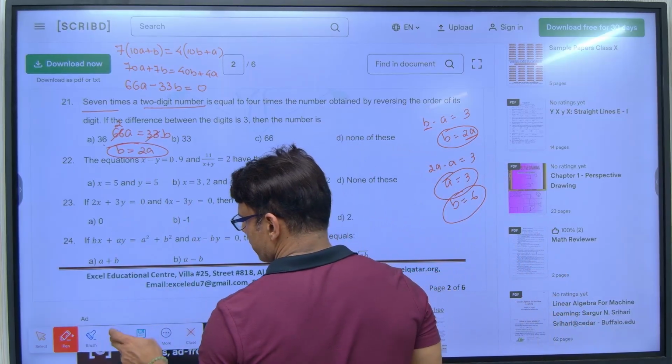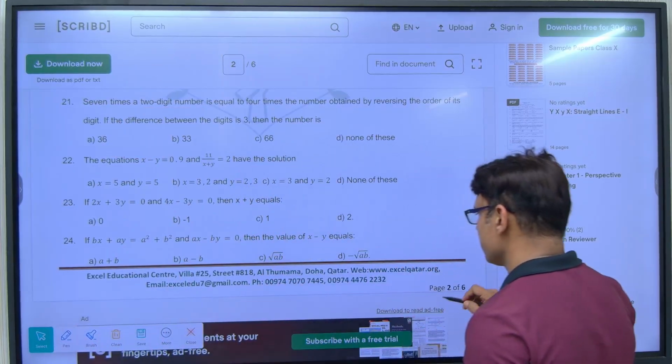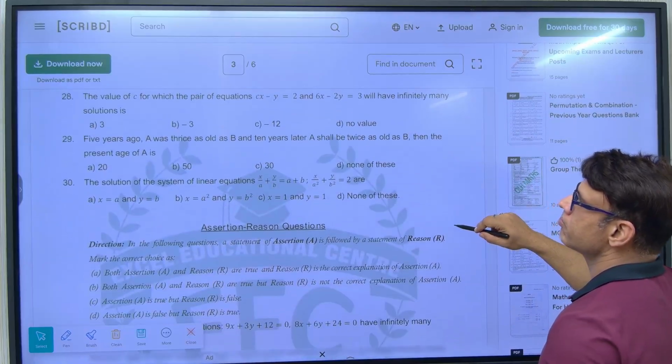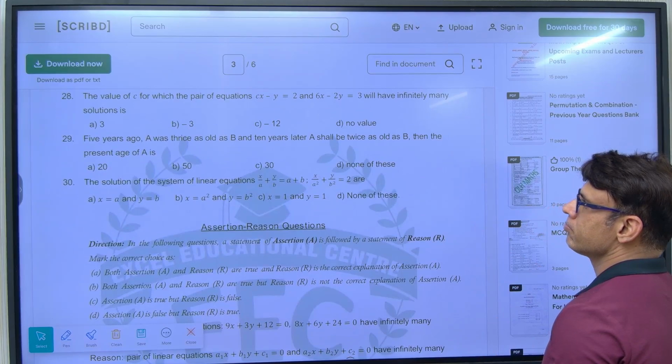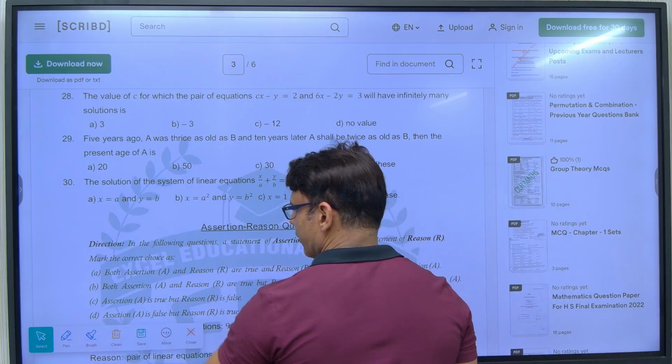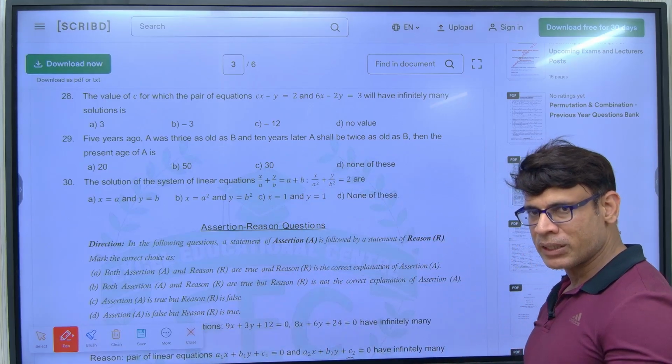This will come in the exam. 28th. I told you that at some time they'll ask you a question where some unknown variable is given under some condition.